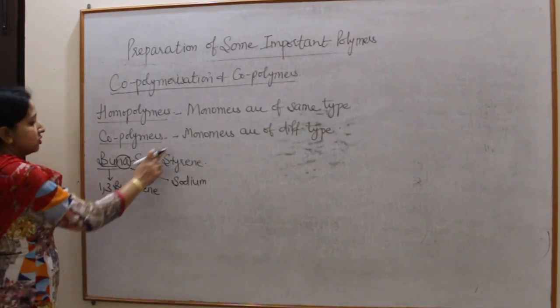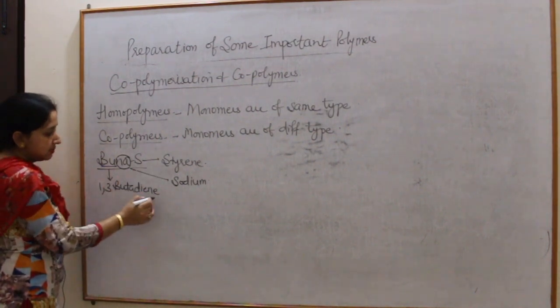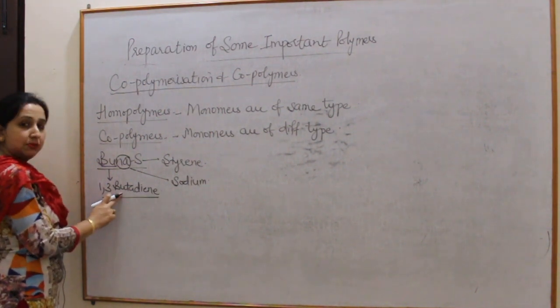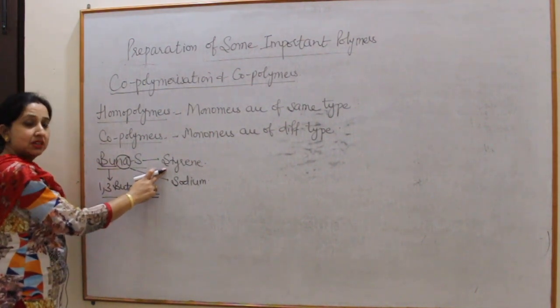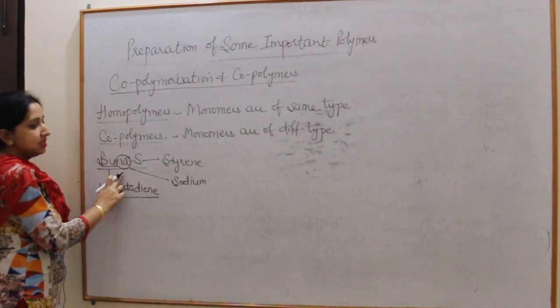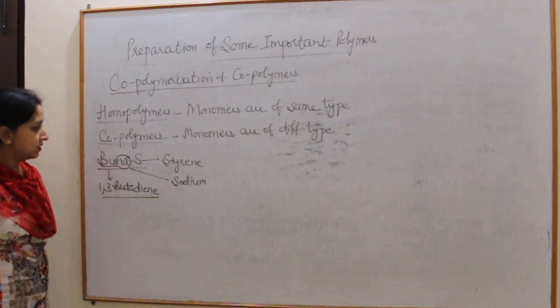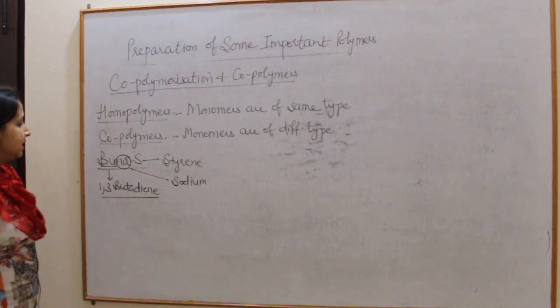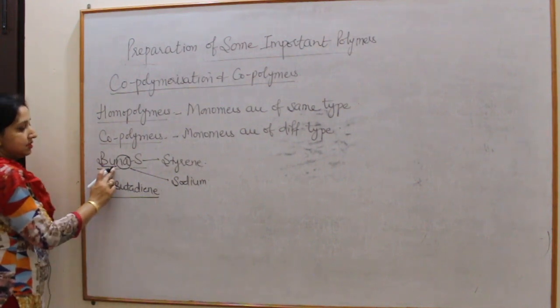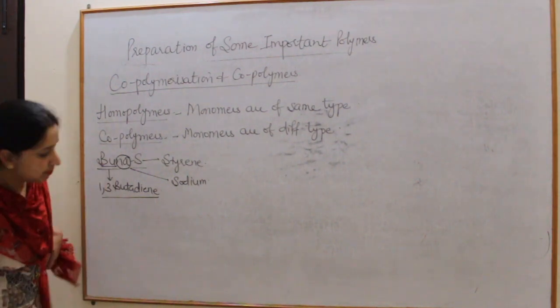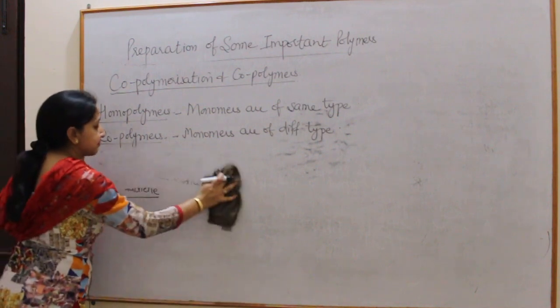So what are the monomers of Buna S? It is basically 1,3-butadiene and styrene, and this reaction takes place in the presence of sodium, and this reaction takes place as follows.